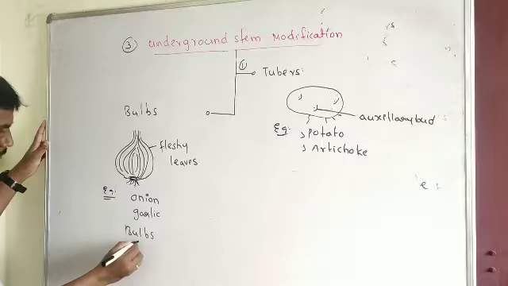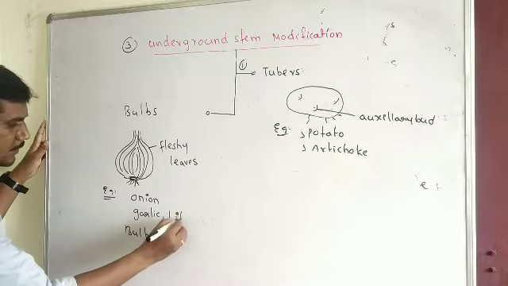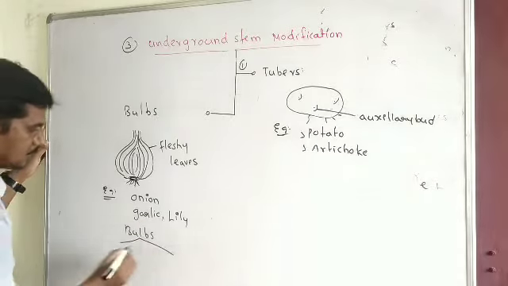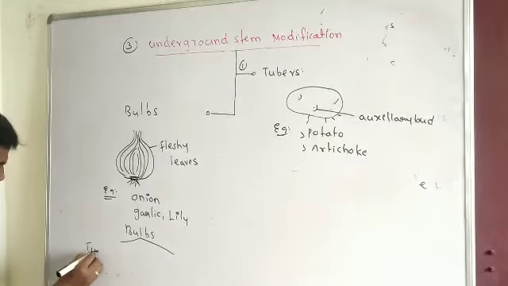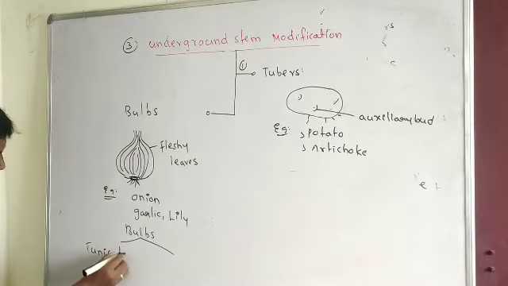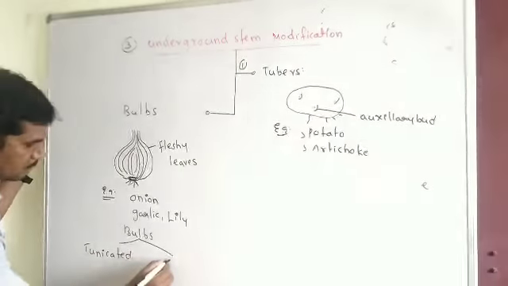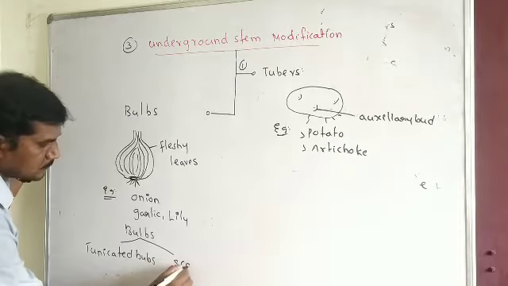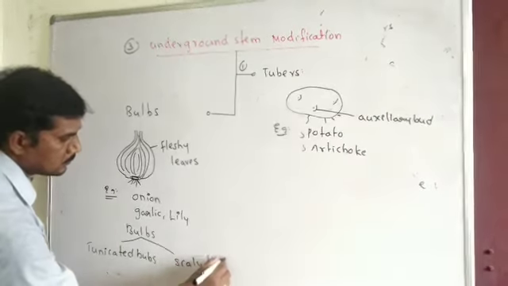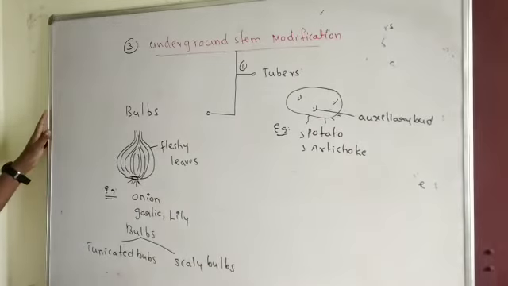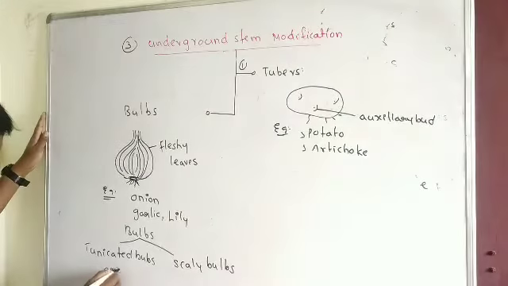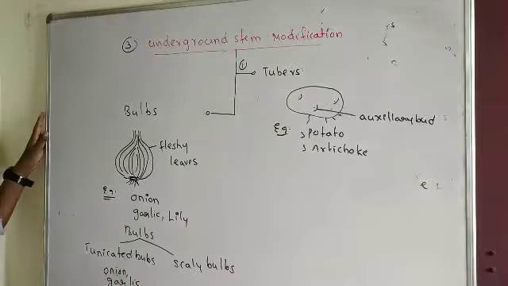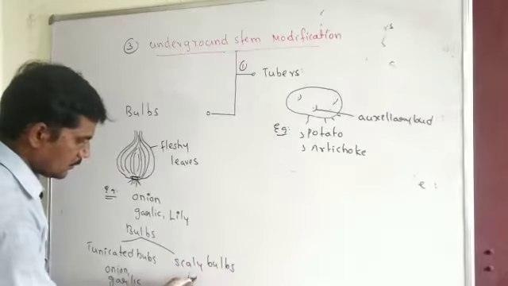Bulbs are of two types: tunicated bulbs and scaly bulbs. In the case of tunicated bulbs, examples are onion and garlic. Scaly bulbs, example, lily.